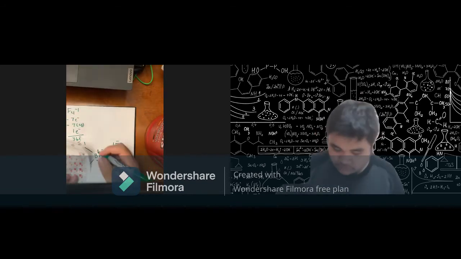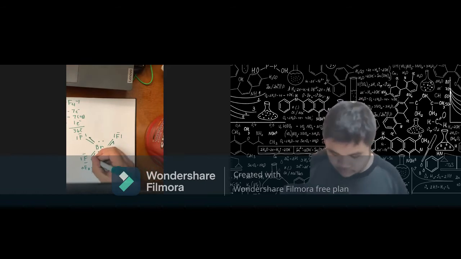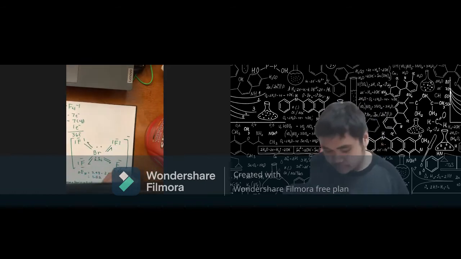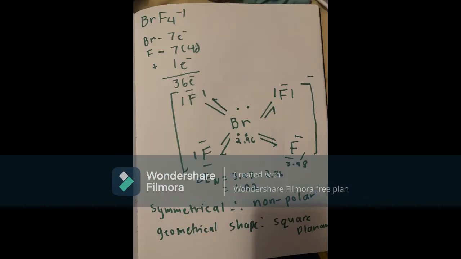Then I calculated the difference in electronegativities between bromine and fluorine. I found out that they had a difference of 1.02, meaning that their bonds are polar. The shape of this molecule is square planar, which is a symmetrical shape, making the entire molecule nonpolar.